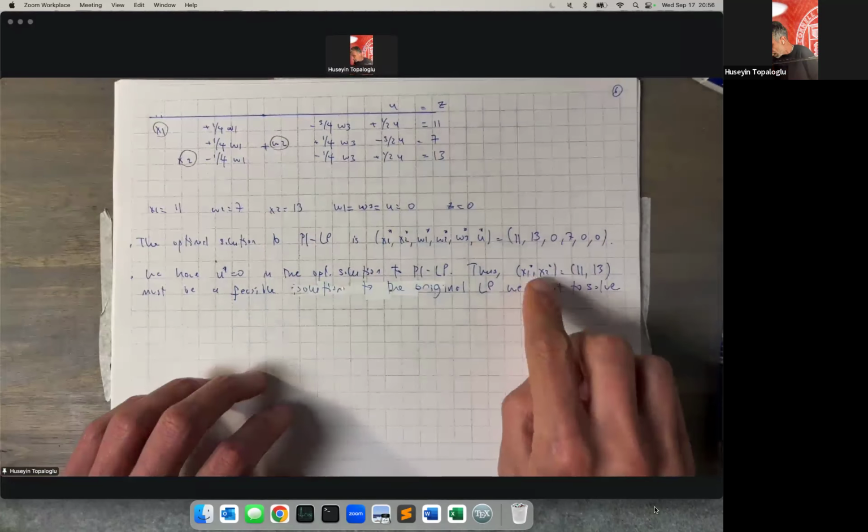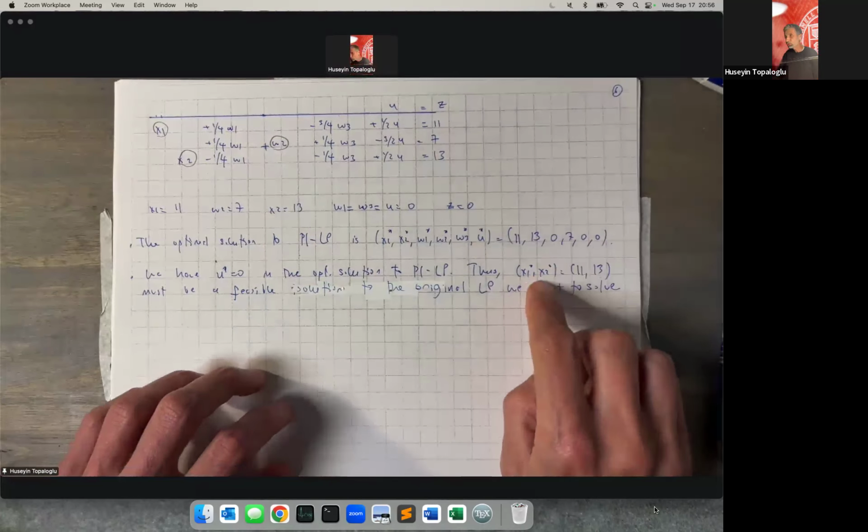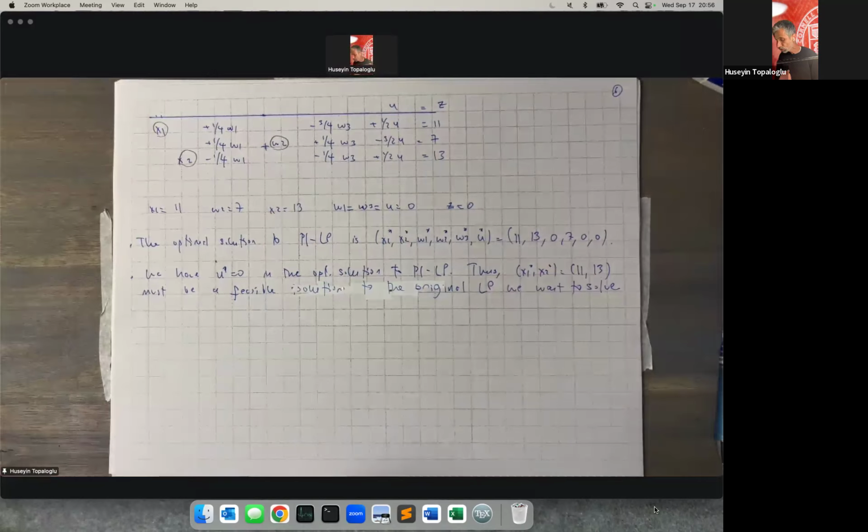Good. So now we found a feasible solution to the original linear program that we would like to solve. Now what we're going to do is solve the original linear program by starting from this feasible solution. And how do we do that?